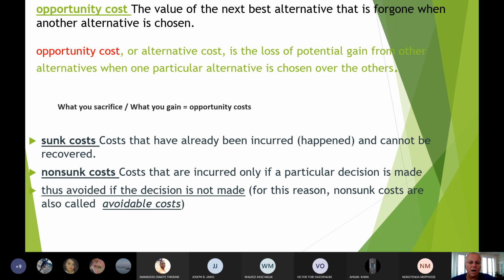For this reason, non-sunk costs are also called avoidable costs. Here, the non-sunk cost is on the decision. You may realize it, but you can get back when you don't want it. Therefore, this cost and benefit analysis is also included in trade relations.